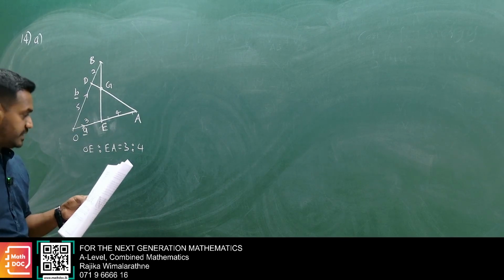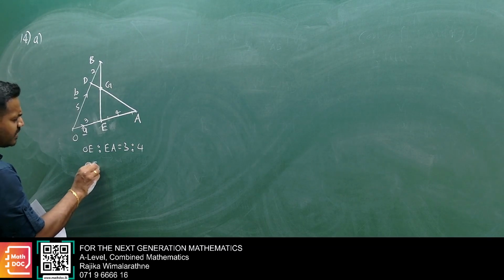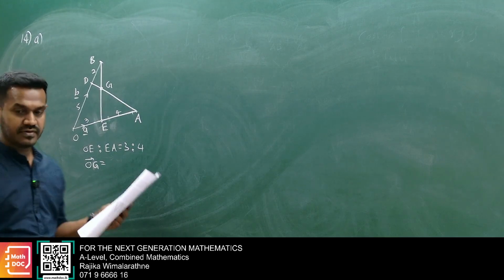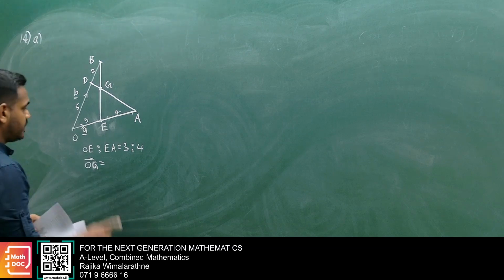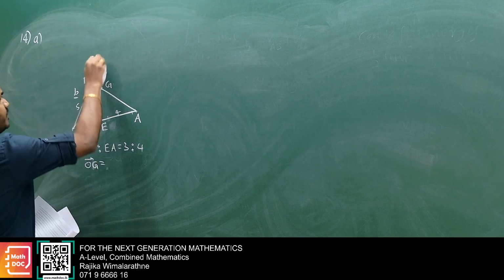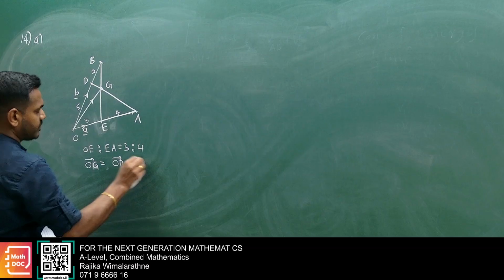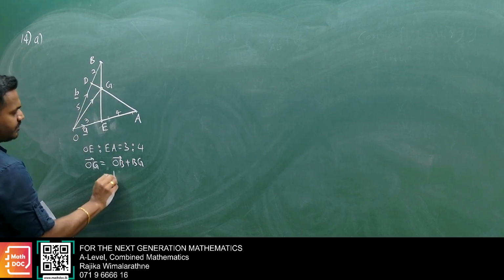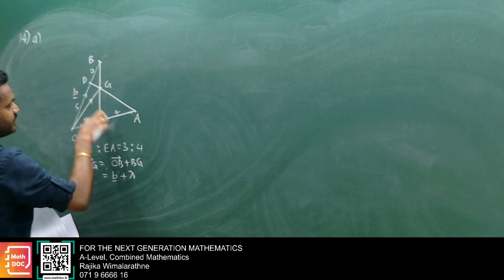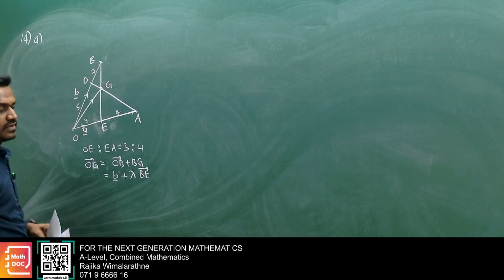We define OG. Then OG vector by the triangle of vector addition. Here we have B separately, no? Therefore, you better write OG equals OB plus BG. Then OB means vector B. BG means lambda times BE, because B, G, E are on the same line, no?